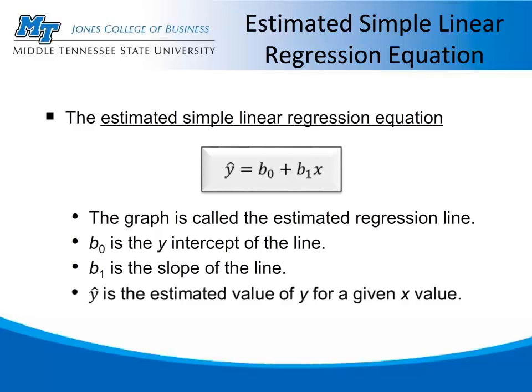In the population model, or the regression model for the problem, we use beta 0 and beta 1. But in the sample model, in this estimated simple linear regression equation, we use the b's rather than the betas. Now the y hat is the predicted value or the estimated value for a particular value of x.